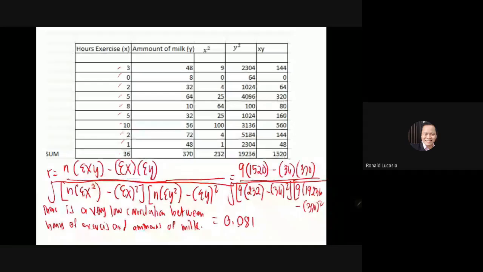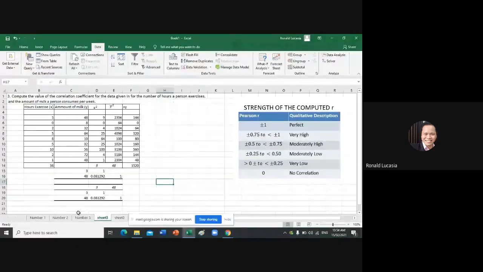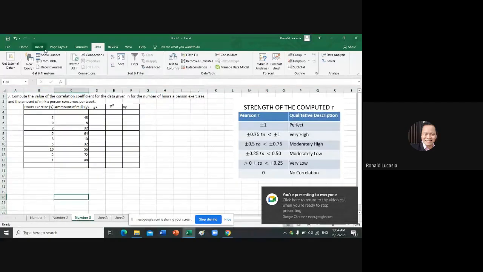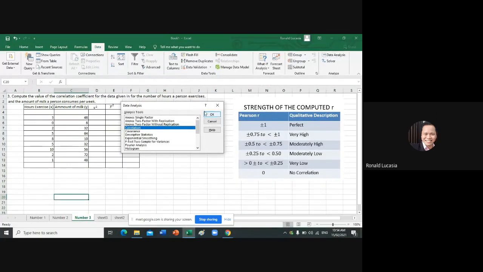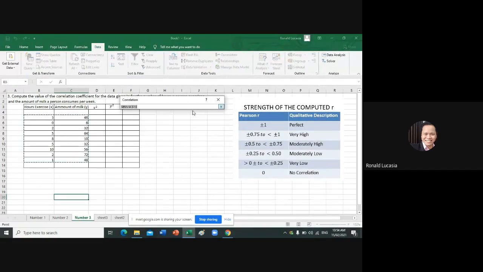Let me show you using the Excel, I still have 4 minutes. For those students who want to prepare Excel. So here, I just go to the data, press data analysis, and then look at the correlation, press OK, input range, and then this is the input range from here.